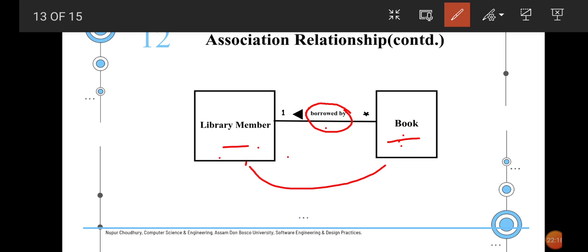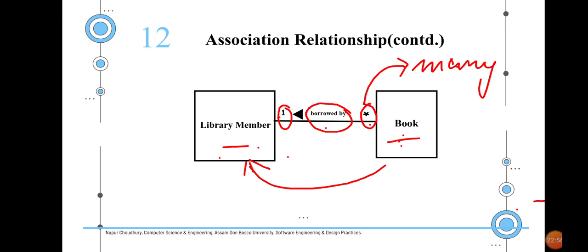That means the association is taking place in this direction, and the multiplicity will be representing the instances, which is 1, and star relates to many. So one library member is capable of borrowing many books. This is more like formal information related to how many instances of that particular class are used by how many instances of your interacting class.